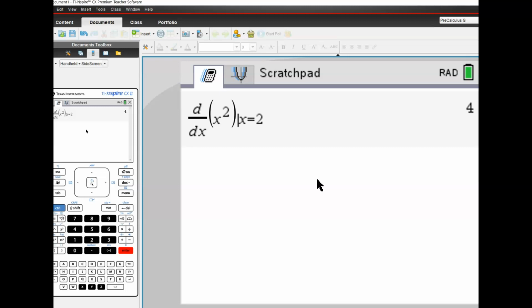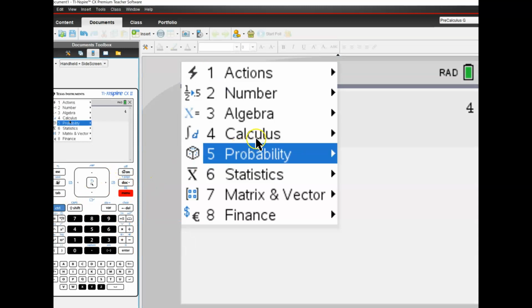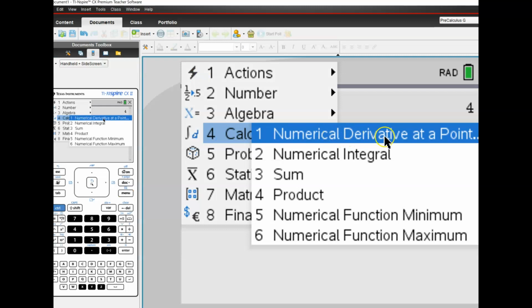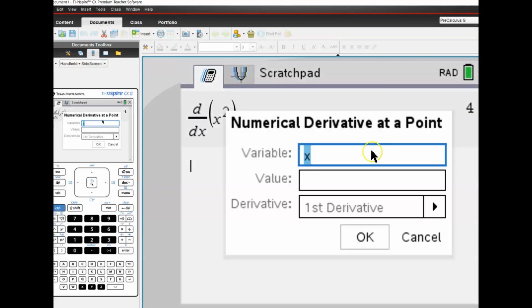So, let's go through it again. Ready? I click menu, go down to where it says calculus, and then I want the numerical derivative at a point. And it says, hey, what's your variable? X. We're doing it in terms of x. What value? X equals what? I don't know.